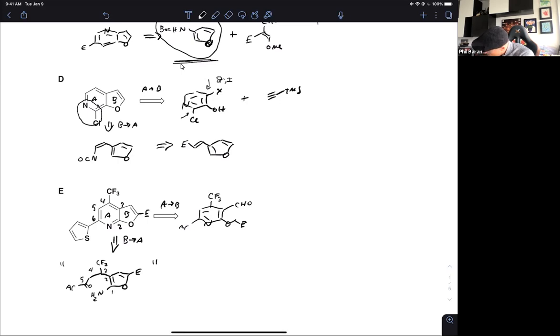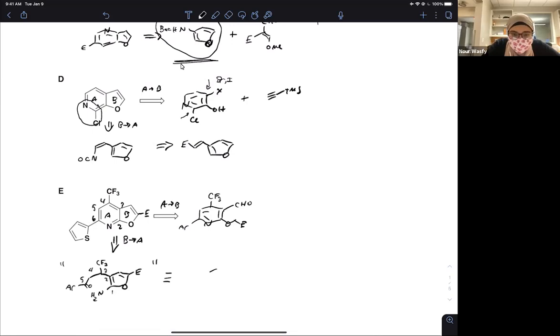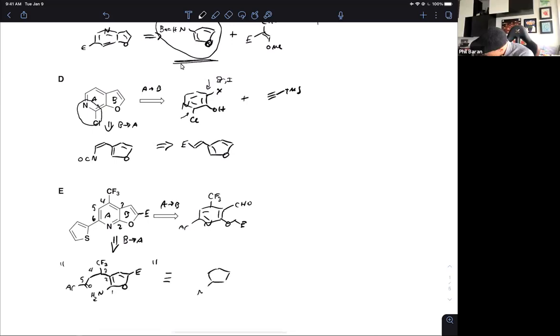And the way to execute this would be to simply take this compound, stable because it has an electron withdrawing group on it, plus that.